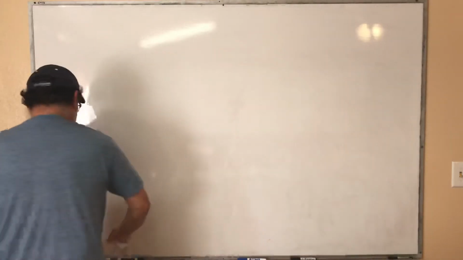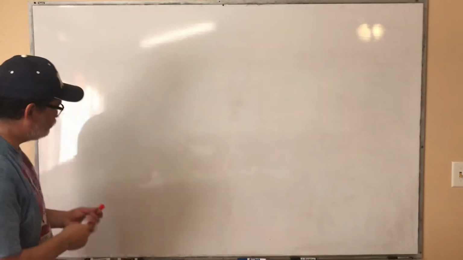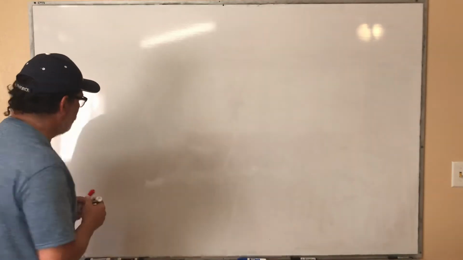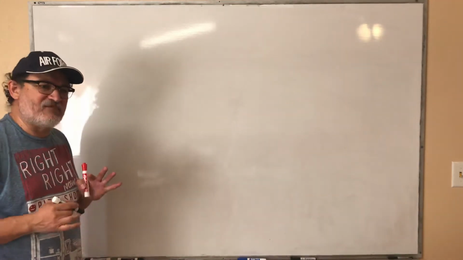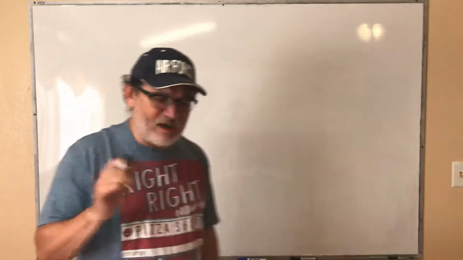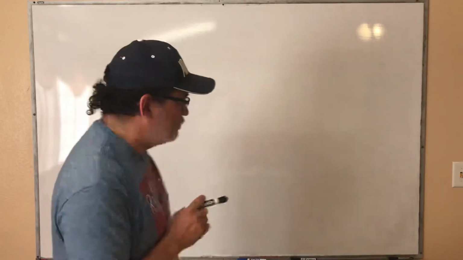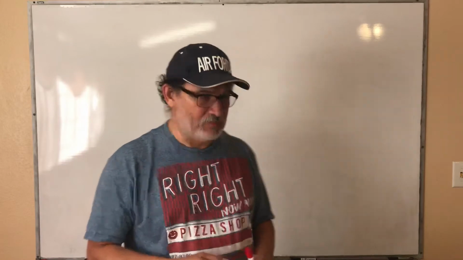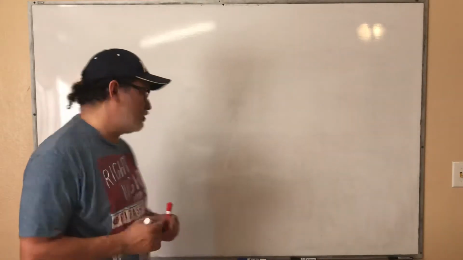So watch this, good class. I'm going to graph this function. It's a function. I'm going to show you that it is a function because I'm going to make sure that it passes the vertical line test. I'm not going to give you the actual function, I'm just going to give you the graph of a function.